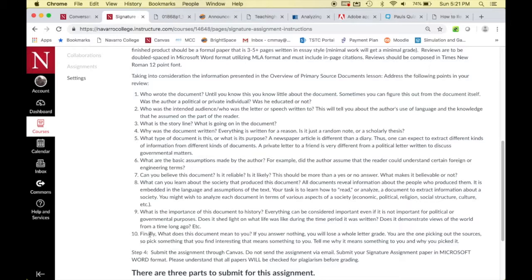The last two questions here: what is the importance of this document to history? And then finally, what does this document mean to you? What is the importance of this to you? Why did you choose this document? My recommendation when you were choosing your primary source was to pick a topic that you enjoy and find a primary source that falls within that topic.